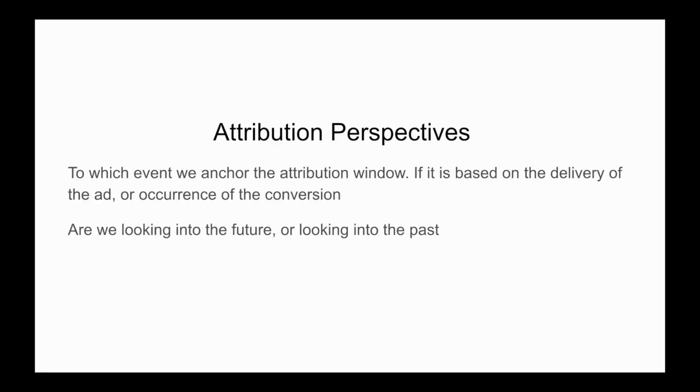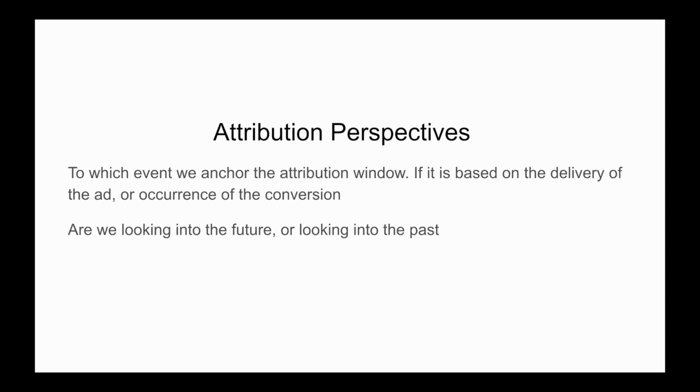Before going to more computations or playing with numbers, we need to first talk about the attribution perspective of our attribution models. What I mean by attribution perspective is to which event we want to anchor our attribution window, when the attribution window starts. There are two popular options.